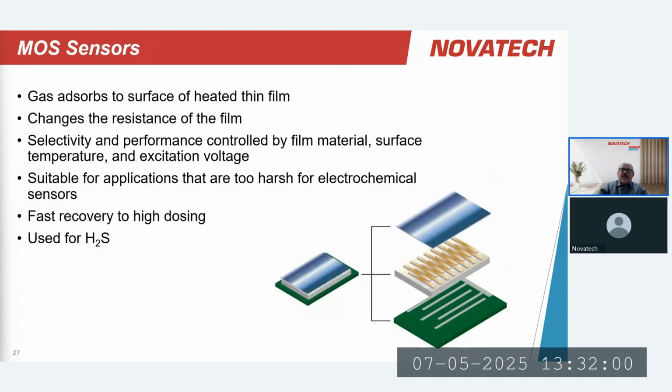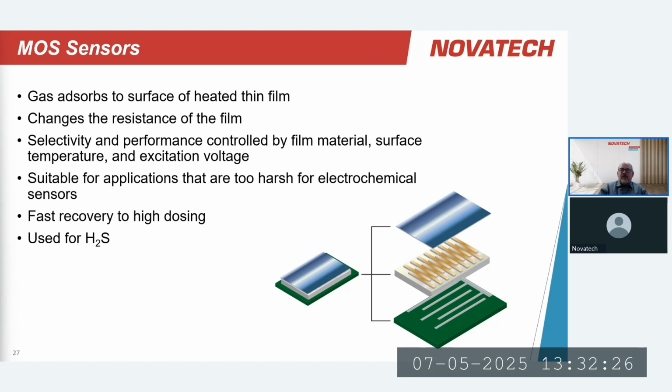Metal oxide semiconductor sensors were kind of a reaction to a problem that existed in certain specific environments. They're known as thin film sensors. And the idea is that certain molecules will interact with this film and change its electrical properties. And they're particularly used for H2S monitoring.